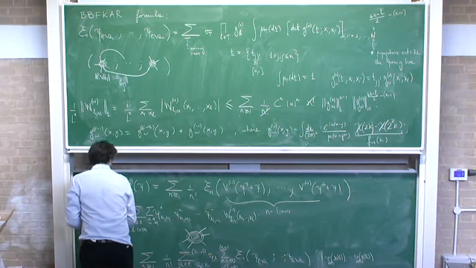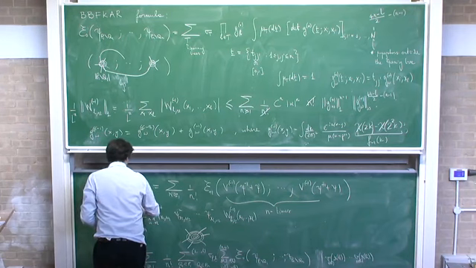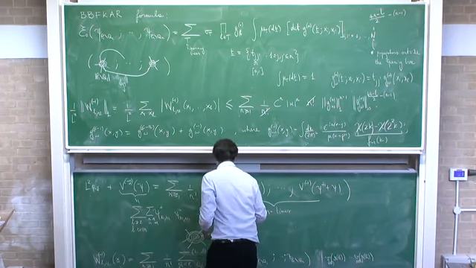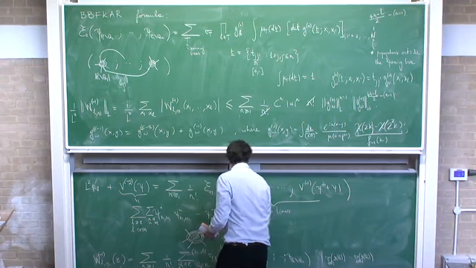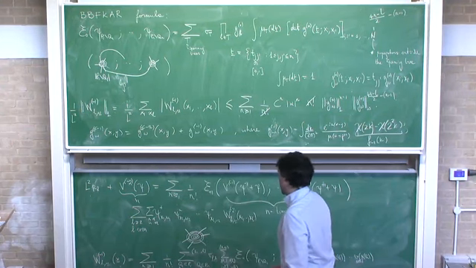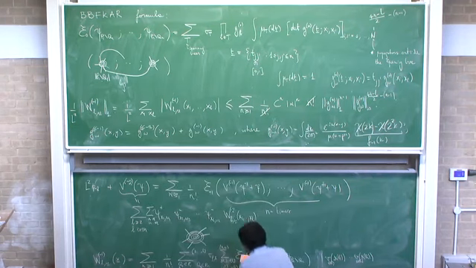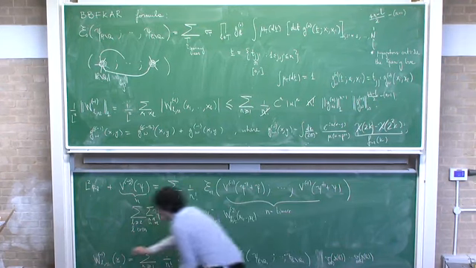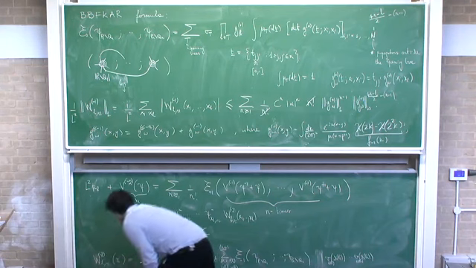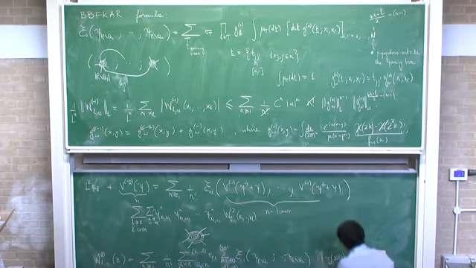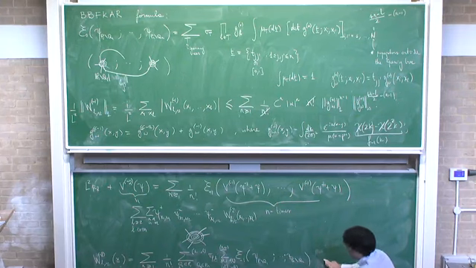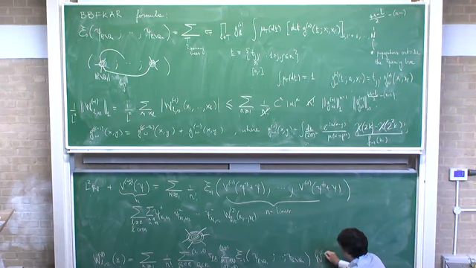So this guy here now will be given by the same kind of expression. Okay, so I get all the same kind of expressions when I go on the next scale, with the difference that these kernels here will now be the kernels on the previous scale instead of being the bare ones.